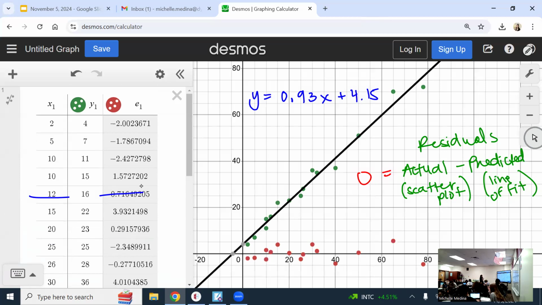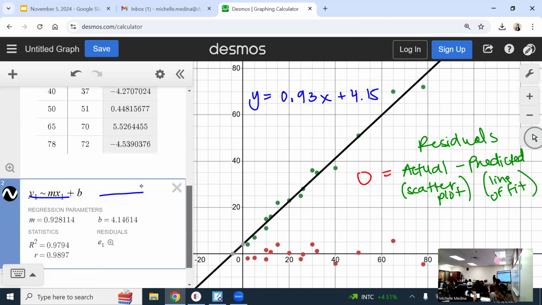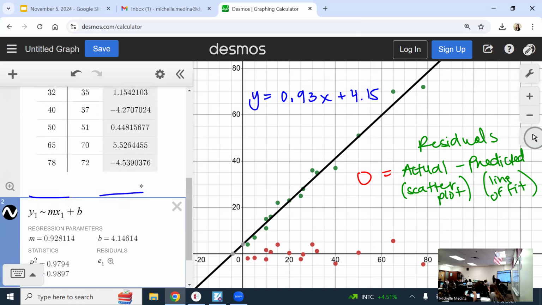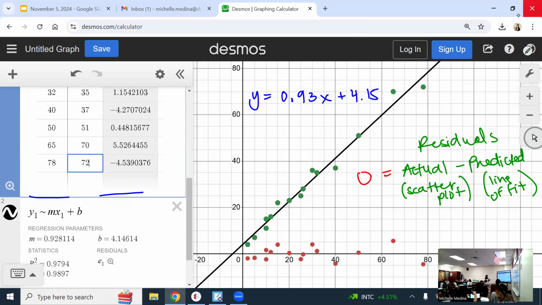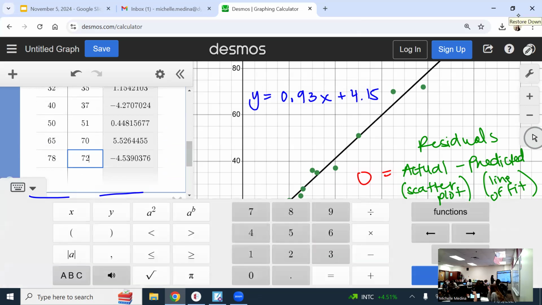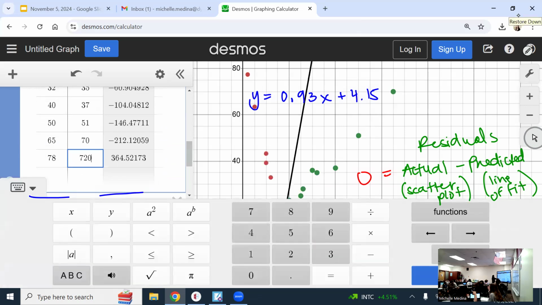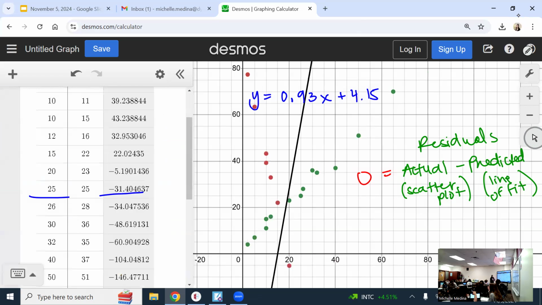Because look what happens when I change some of the data. For the most part, as one increased, so did the other. Say that instead of making that 72, I make it 720. Look at what happened to my residual plot.